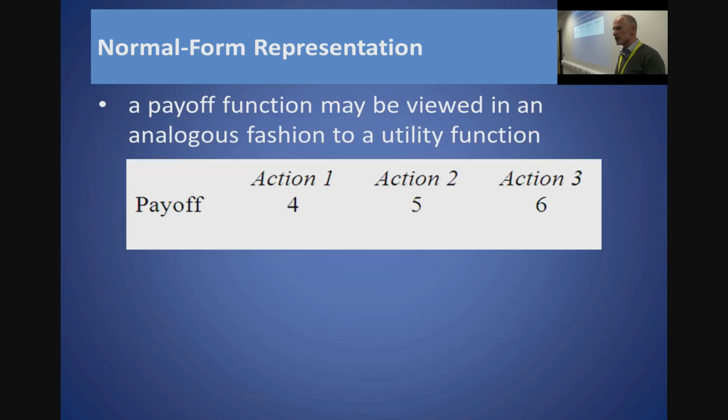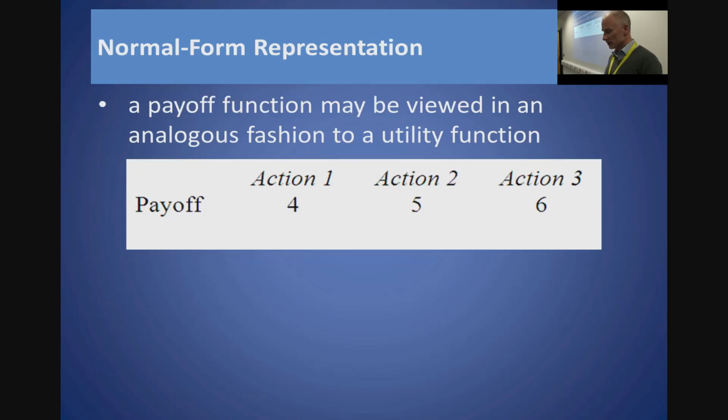Now, what basic principle would we look at? Well, when we look at the theory of consumer choice, when we look at utility functions, the idea is individuals will want to make choices such that they maximise their utility. Exactly the same here. We have a payoff function, and individuals will want to choose actions such that they maximise their payoffs.